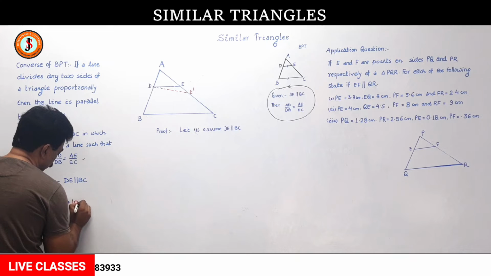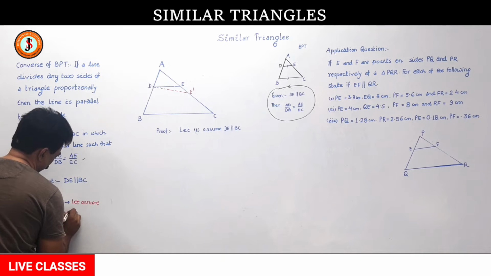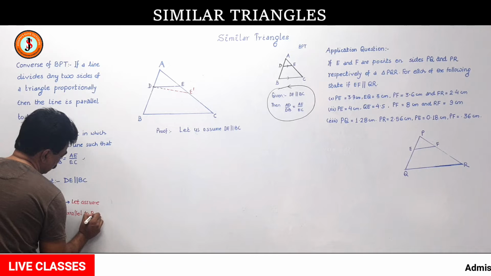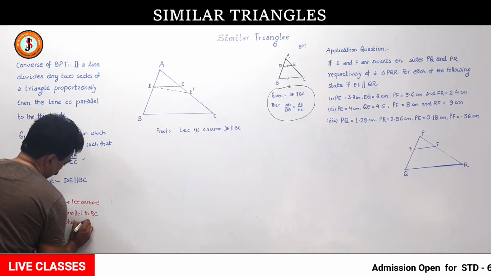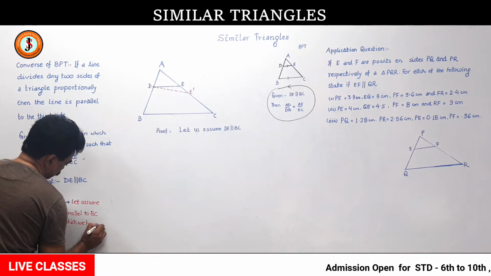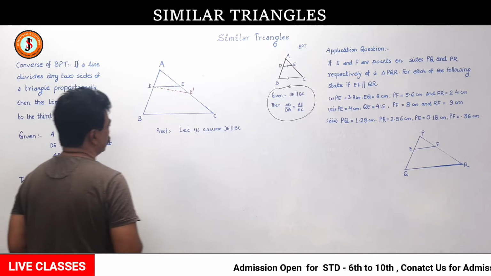Let us assume DE dash is parallel to BC, which we have drawn. So, we have assumed that.